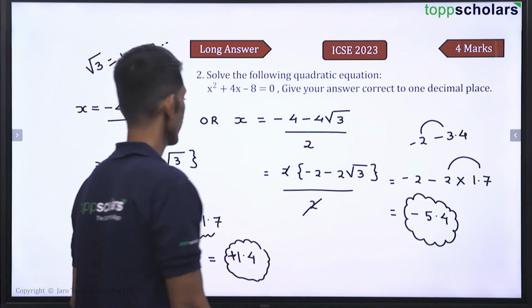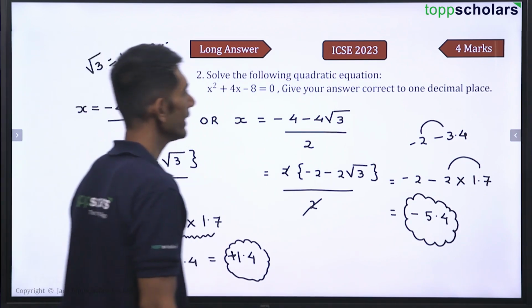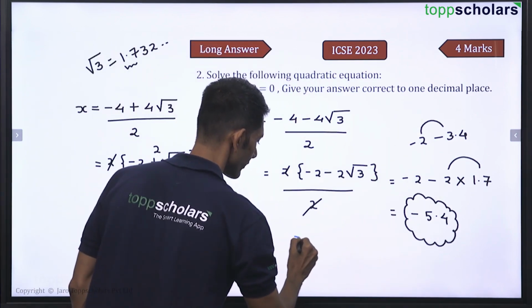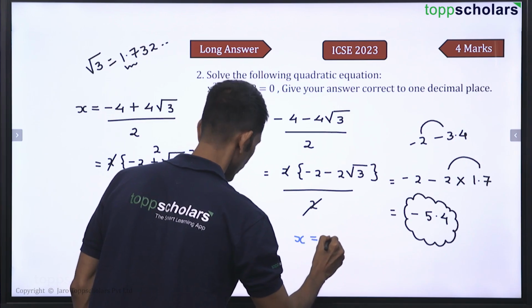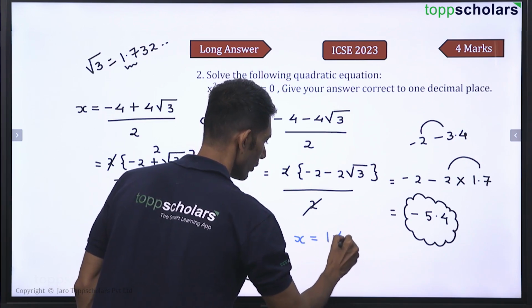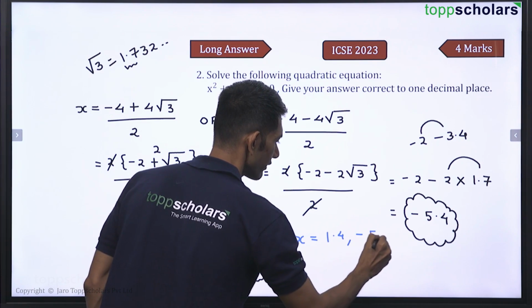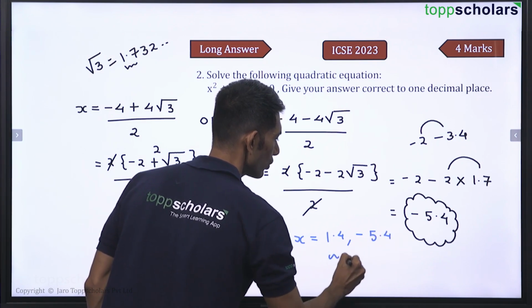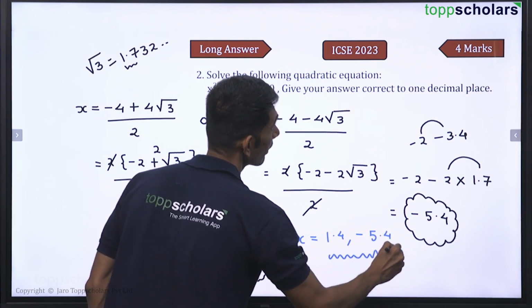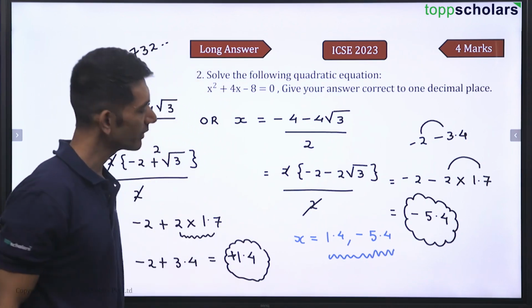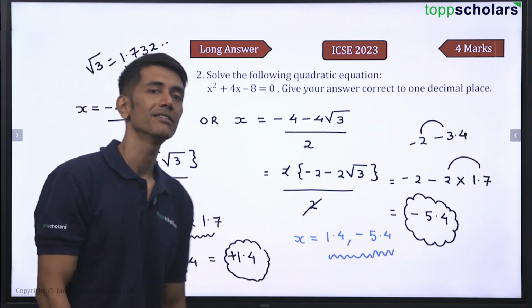So yes, we have the two values now, right? What are the two values of x? So at the end you can write down x is equal to 1.4 or minus 5.4 up to 1 decimal place, not 2 decimal places, up to 1 decimal place.